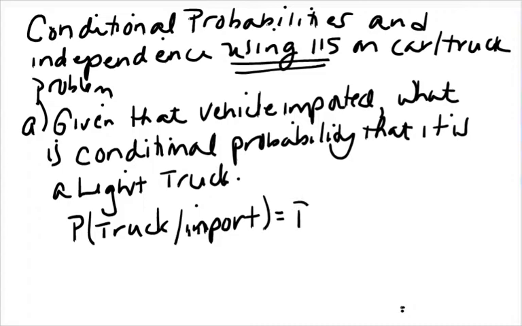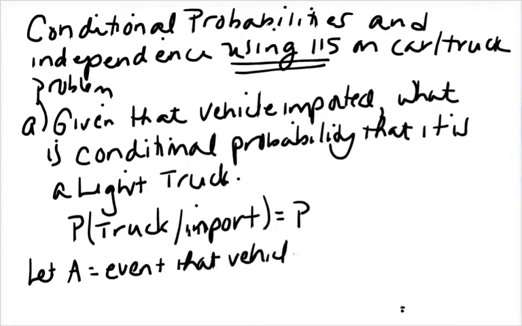And based on how the events are defined, let's just review this. A was the event that a vehicle is a car. And B was the event that it was an import.